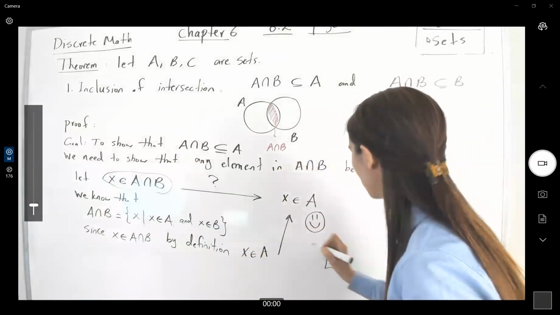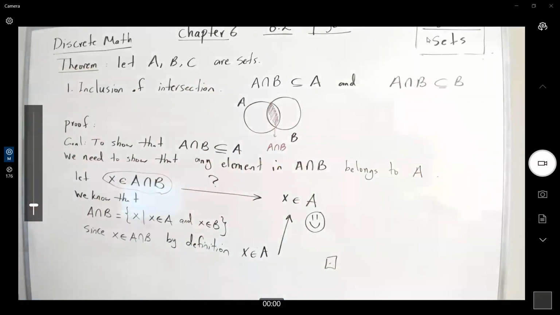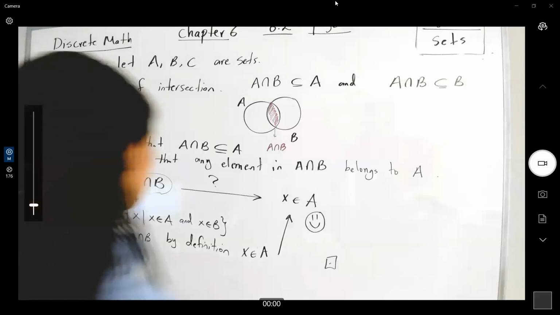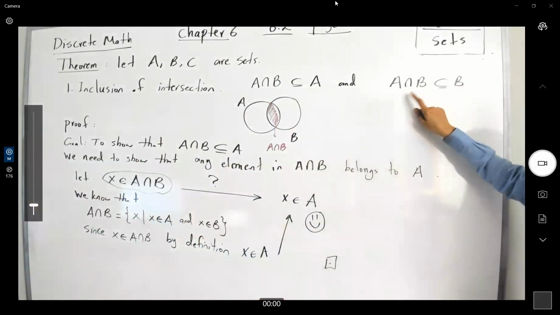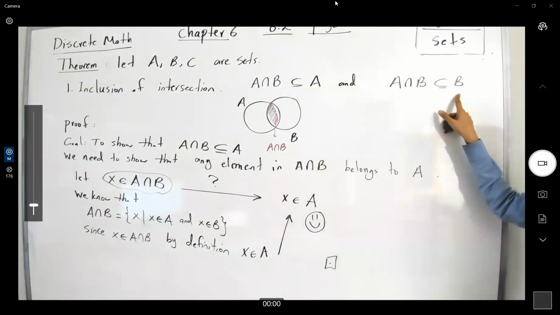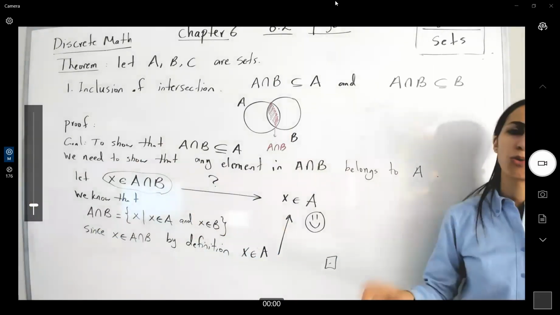We're done with our proof. By the same argument, we can show that that element lands in B as well, and you're done with the proof.